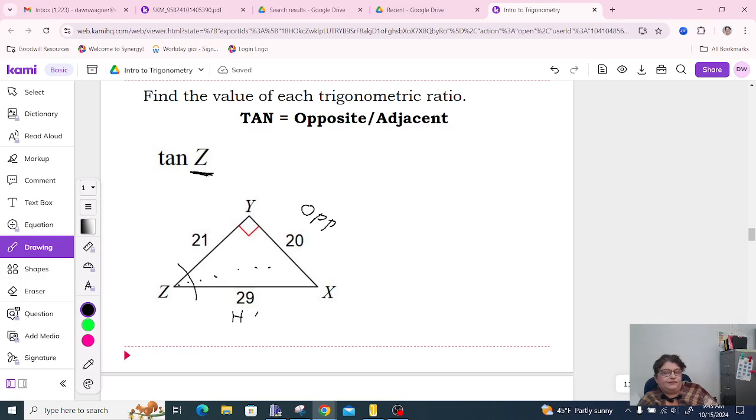And then what's left over, we label that as adjacent. 21. Remember, adjacent helps make the Z, but is not the hypotenuse. So that's why that's 21. So tangent Z is equal to opposite. What number? 20 over 21. And I don't think that can be reduced either. That's it.